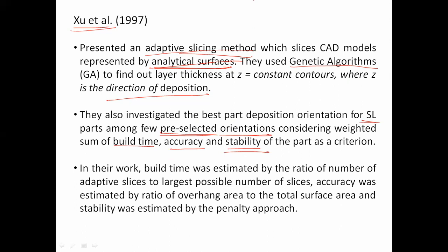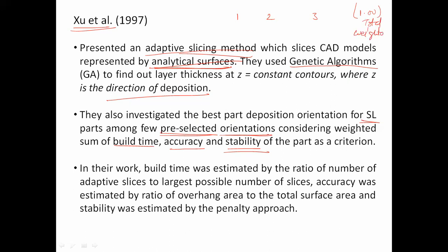Now, there are three criteria. The first criterion is build time, the second criterion is accuracy of the part, and the third criterion is stability during the fabrication process, that is dimensional homogeneity. Now, when you are making a part, you have a total weightage of 1.00.